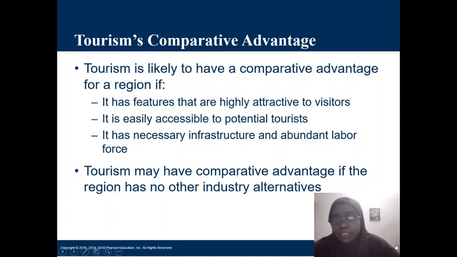You need an abundant labor force because you'll be rendering service. You need people to welcome your guests, and people to tour guide, for example, to take them through the center or the destination, and so on. All these put together are determinants of comparative advantage in the tourism industry.